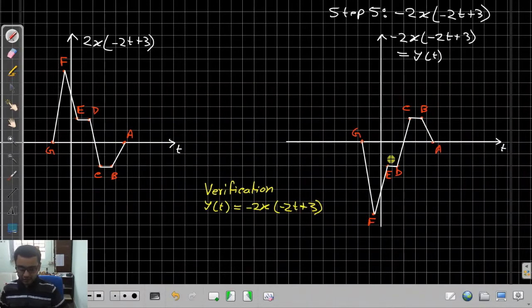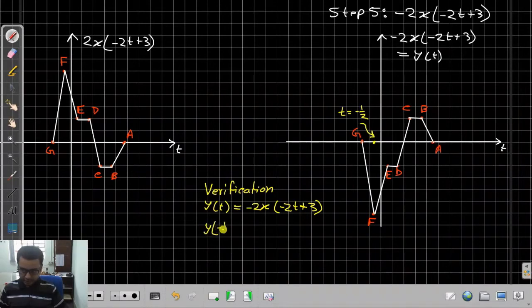That means if I ask, say, what is the value of y at t equal to minus half? T equal to minus half, this is this point. At this point, what is the value of y?